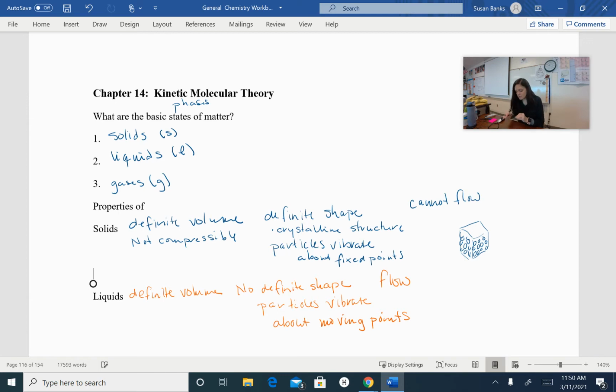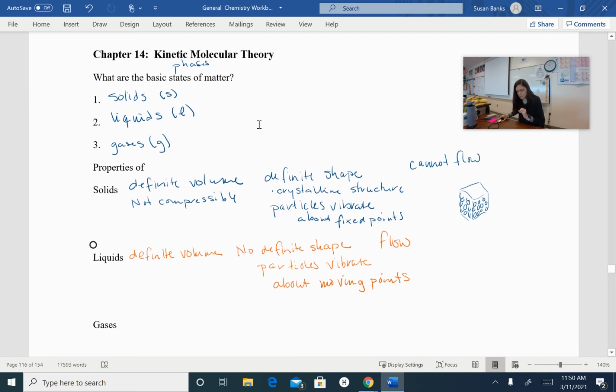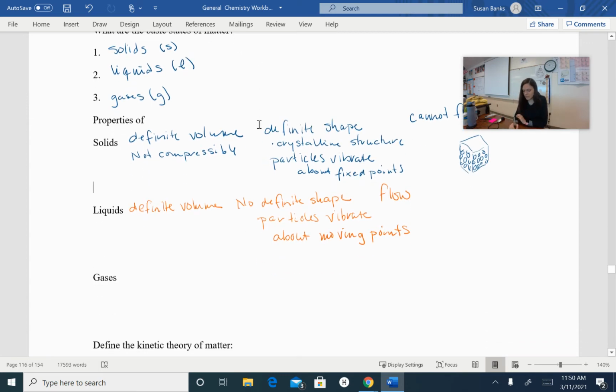But the particles are still relatively close to each other in liquids. So they are also not compressible. There is not much space between the molecules, so I cannot push them closer together at all.